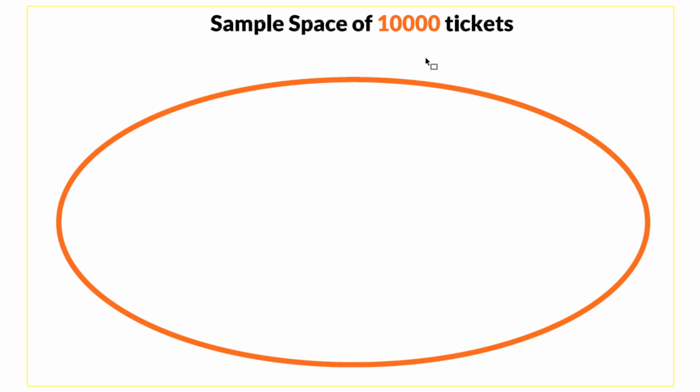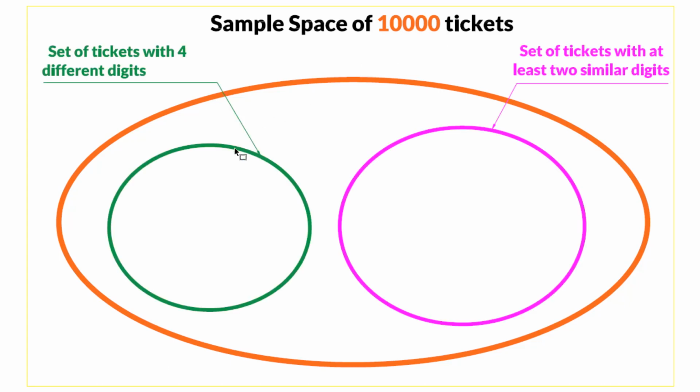So we are going to represent the sample space using a Venn diagram. So we have a sample space of 10,000 tickets, and inside of it we have 2 subgroups. The first one is the set of tickets with 4 different digits, and the second one, the set of tickets with at least 2 similar digits.